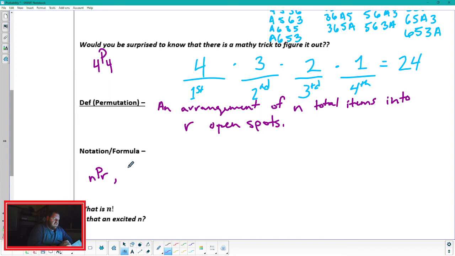I've also noticed that sometimes people go this way or this way. And that's the N there.